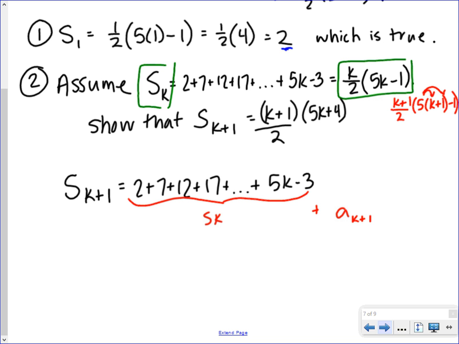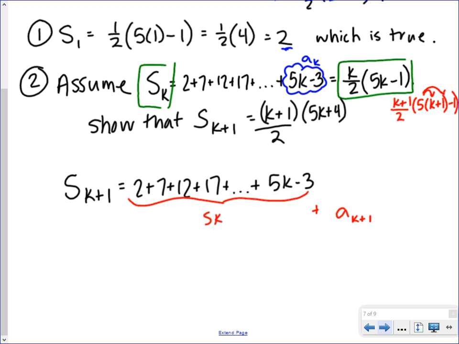To add the k plus 1 term, remember 5k minus 3 is your rule for the sequence. So that's the rule for the k term. You want to plug in k plus 1 so you can get the k plus 1 term.